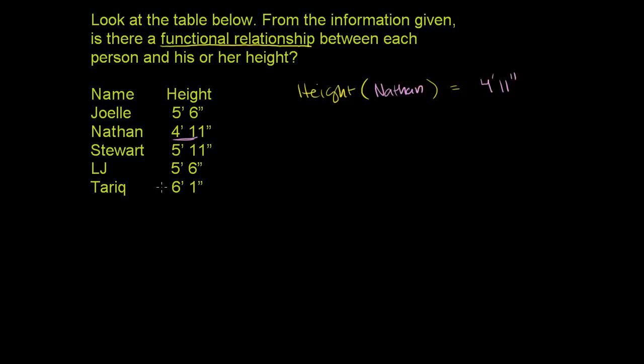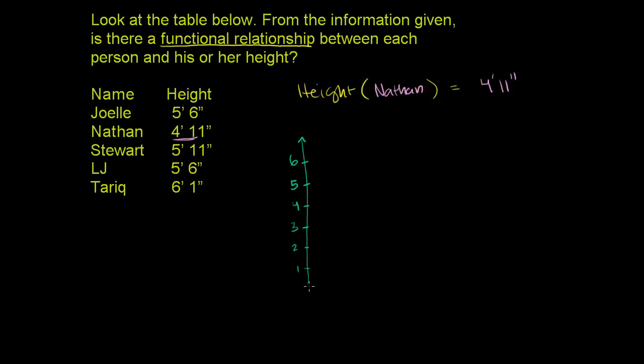And we can even see that on a graph. Let me graph that out for you. The highest height here is 6'1". So let me just start at 1 foot, 2 feet, 3 feet, 4 feet, 5 feet, and 6 feet.